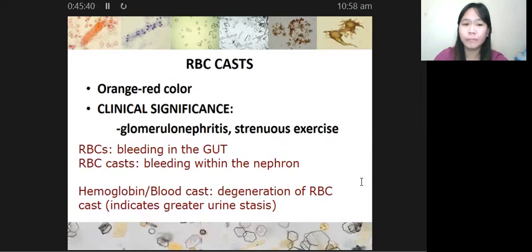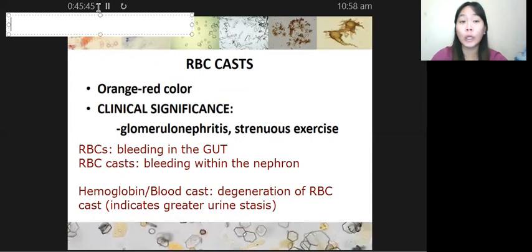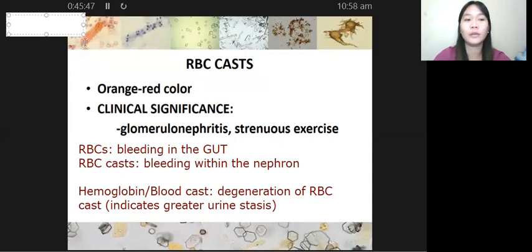Alright, so another, kasi it was mentioned in your module, that's why I have to explain it also. We have to be careful when it comes to the presence naman of your hemoglobinuria and your myoglobinuria.